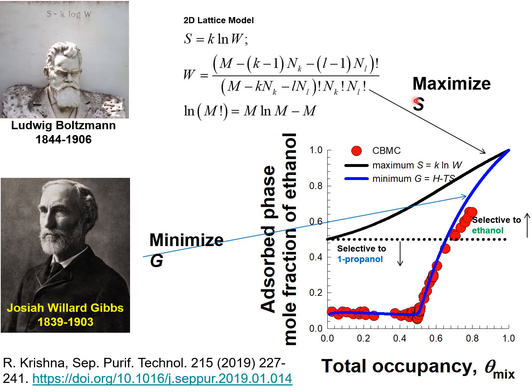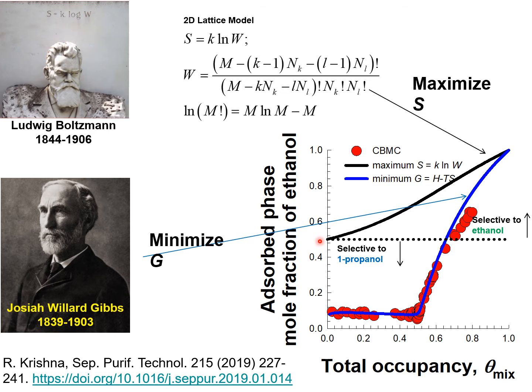Using the concept of entropy maximization, we can determine the adsorbed phase mole fraction of ethanol as a function of occupancy on the checkerboard, and the expression for maximum entropy is shown by the continuous black line here.